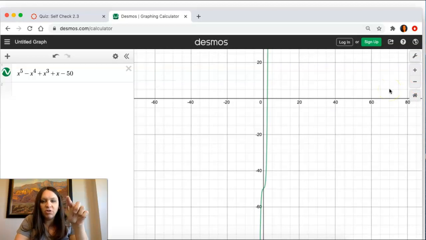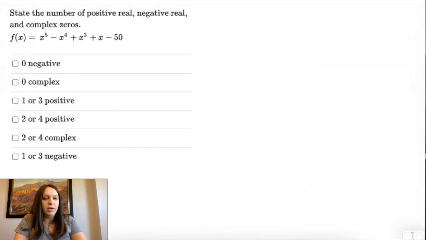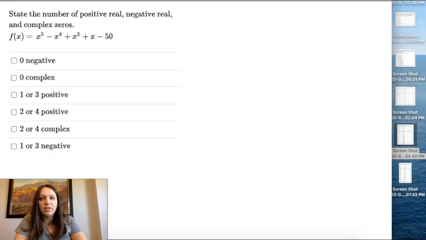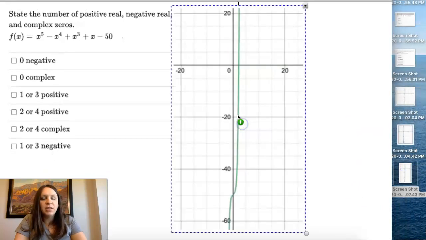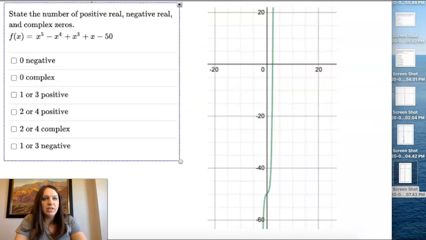It definitely has a cubic shape to it because it's a 5th degree. So it kind of curves a little bit. Hold on while I get this into my screen so I can write on it. So here's our graph.